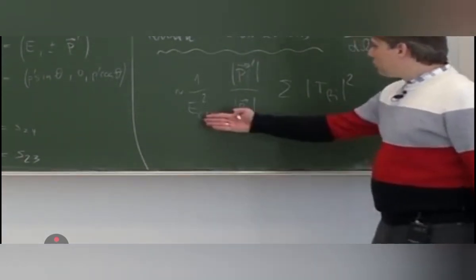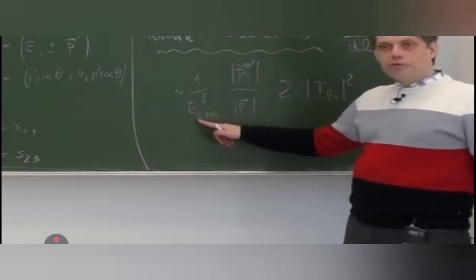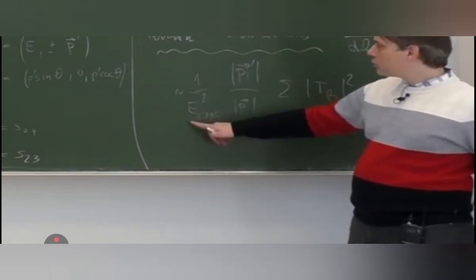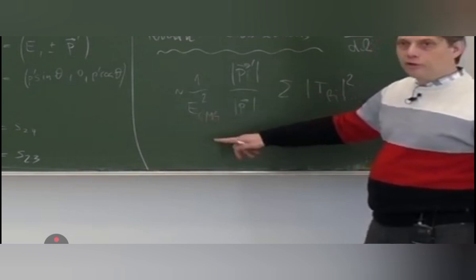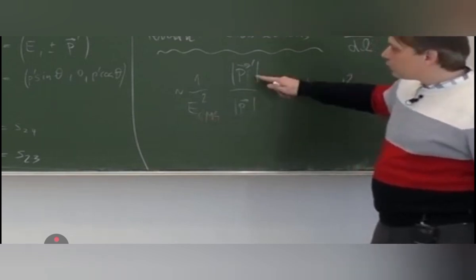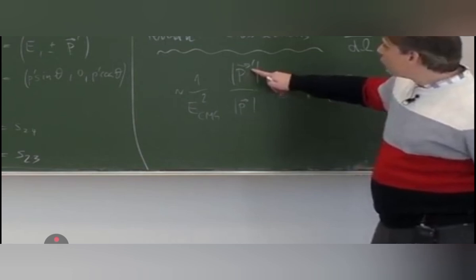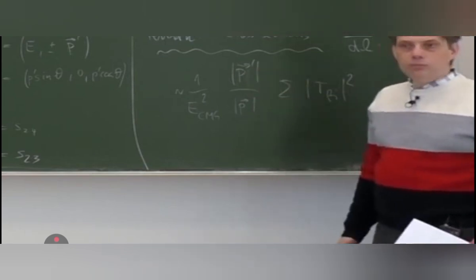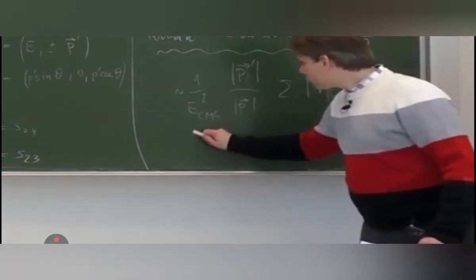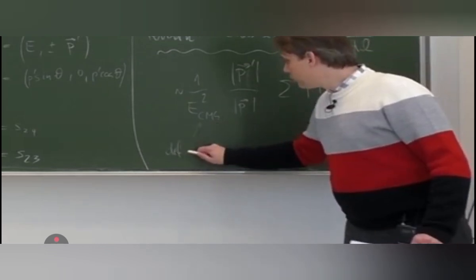But from the definition of the cross-section, what is essential is that you get this 1 over energy square as a prefactor, and you get what is called a phase space factor, the final state momentum divided by the initial state momentum. So let's say that is from the definition of sigma.